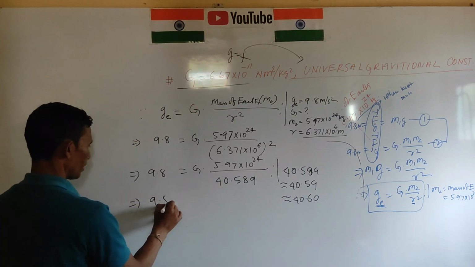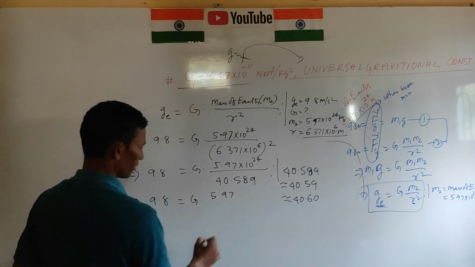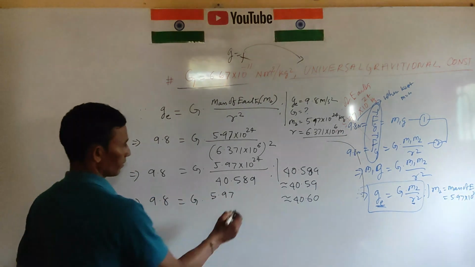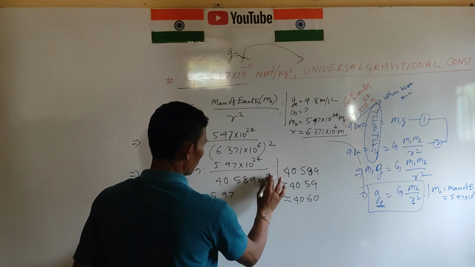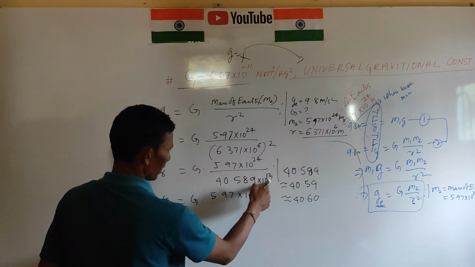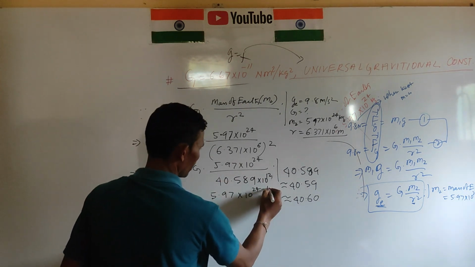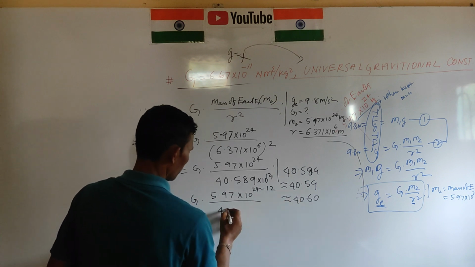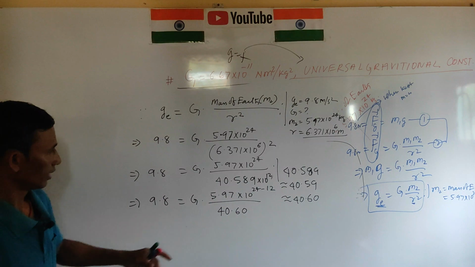So 9.8 equal to 6 into 5.97. I need 6 into 6, that is 10 to the power 12, and it is 10 to the power 24, which goes in the upward direction. When it goes upward, that is 12, and here is 40.60.